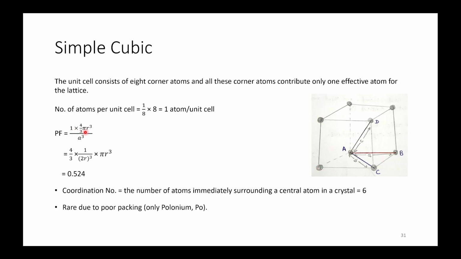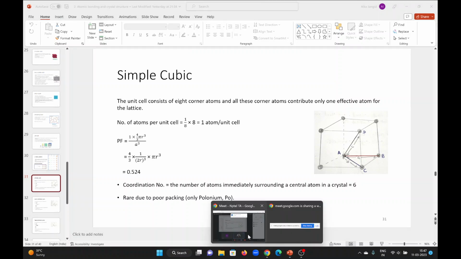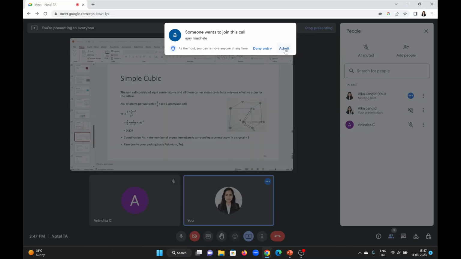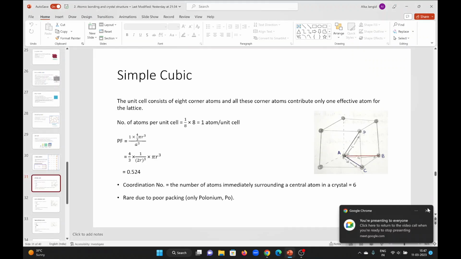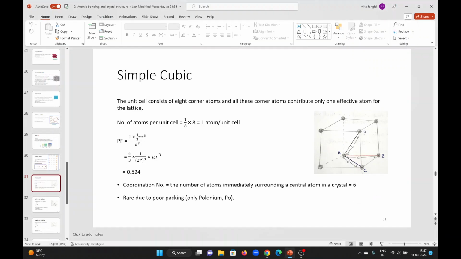So here the effective number of atoms is 1, multiplied by the volume of 1 atom. We are taking a sphere, so 4/3 pi r cube is the volume of this atom.